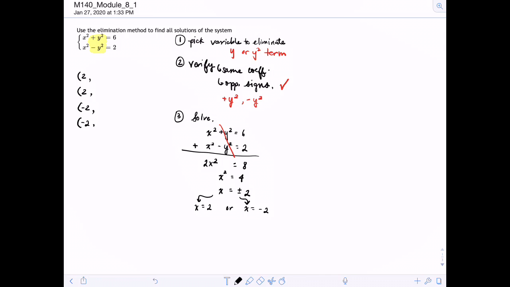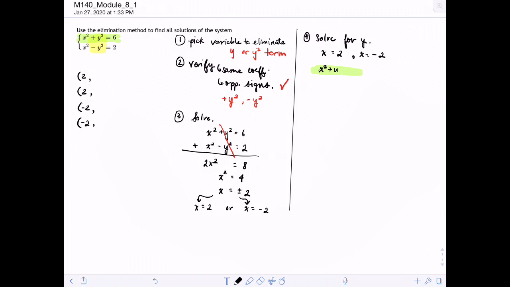So the next thing would be to go ahead and solve for y. We eliminated y, so now we have to solve for y. How we solve for y is pretty simple. Methods never change. So I'm just going to plug and chug x equals 2 and x equals negative 2 into one of the original equations. I'll go ahead and pick the first one, simple enough to plug and chug.